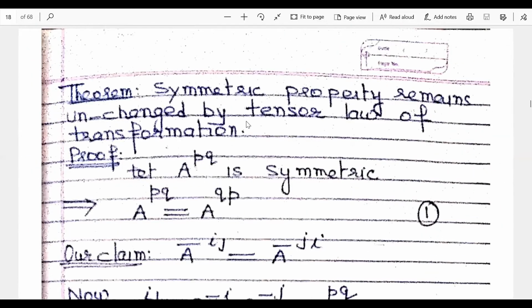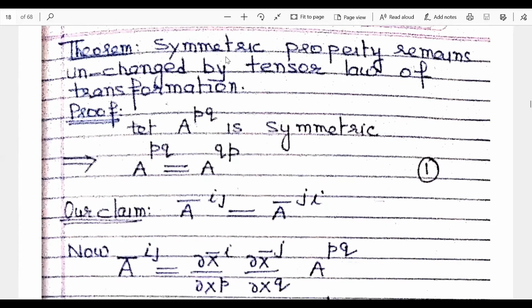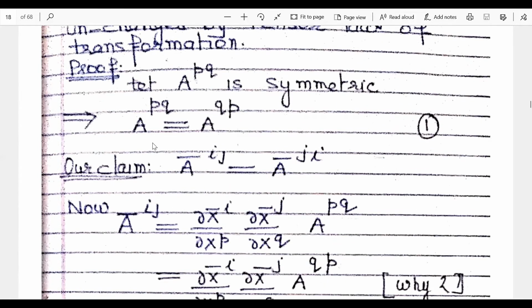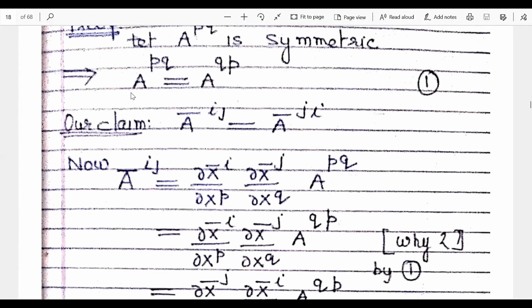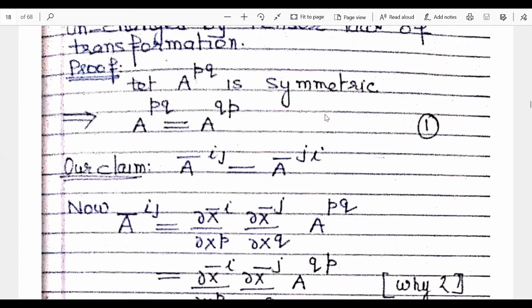Next is: symmetric property remains unchanged by the tensor law of transformation. So our purpose is to show the symmetric property is unchanged by the tensor law of transformation. Now let A_pq be symmetric, right? So by the symmetric property, A_pq can be written in the form of A_qp. Our claim is that A bar ij should be equal to A bar ji. Then the symmetry property will be unchanged.